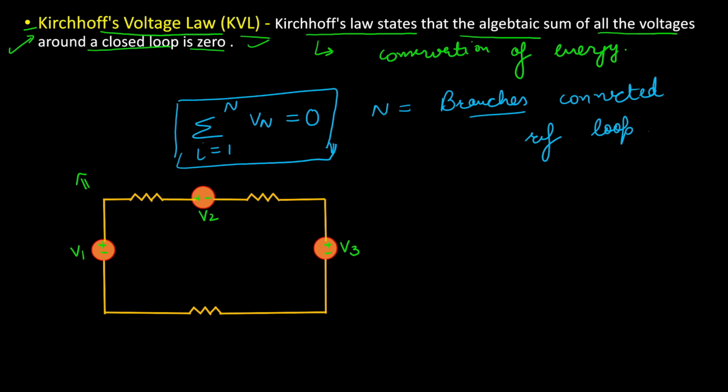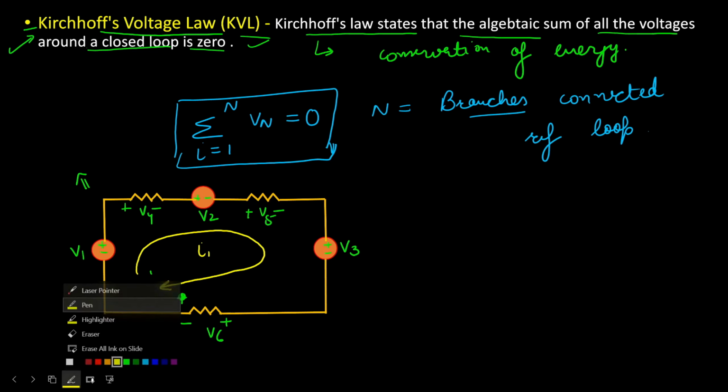These are the three resistors, and the voltage drop across them, with plus and minus marked, is V4 here, V5 here, and V6 here. Let's say this is your reference loop, and the current is flowing in this circuit.